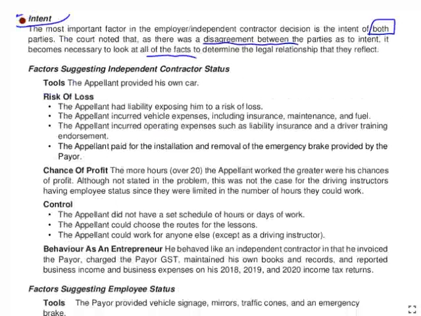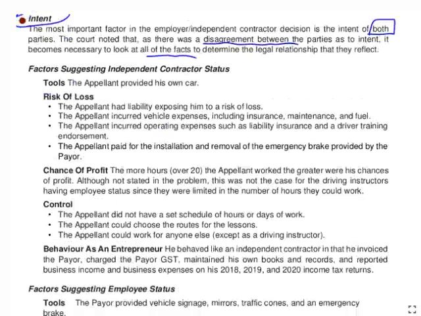So under the category of tools, we know that he provided his own car. So he was the one who provided the major tool to be used. Under risk of loss, could the appellant have loss? Well, he certainly had liability. He's driving his own car. If there were any issues, there's potentially some loss, if the vehicle was crashed or whatever.